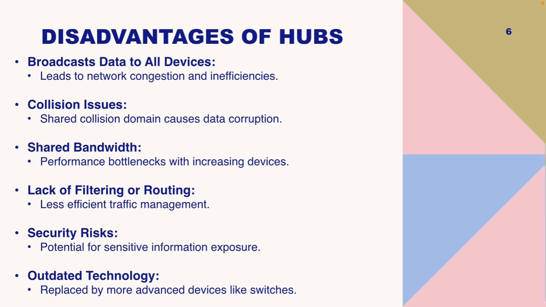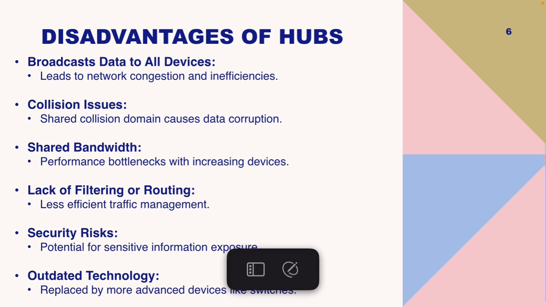Then, outdated technology replaced by more advanced devices like switches. This is also a disadvantage of hubs. Hubs have largely been replaced by more advanced network devices like switches and routers. These modern devices offer better performance and additional features.